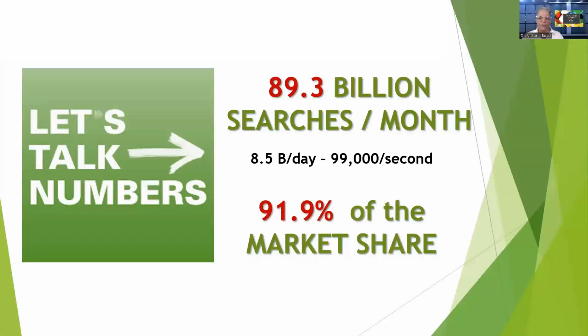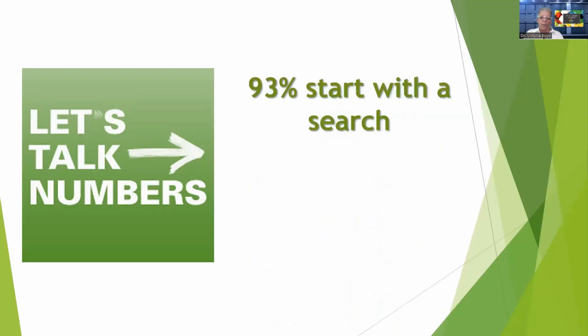So 91% of the people, whenever they're going to do a search, they don't go to Bing or Yahoo, they go to Google. And so you know that most of the people searching for you will be on Google. And guess what? That's where you also need to be. We're also going to talk about, if 93% of the people start there, why aren't you there?